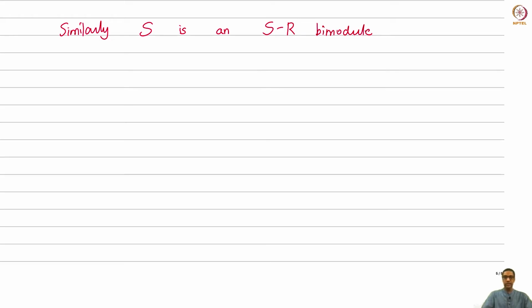Here I am restricting the action on the right via how R acts on the right, and S acts on the left as before. Okay, so what I have written here on the right sides are just the multiplications in S. Okay, good, and also as an R-R bimodule if you wish.